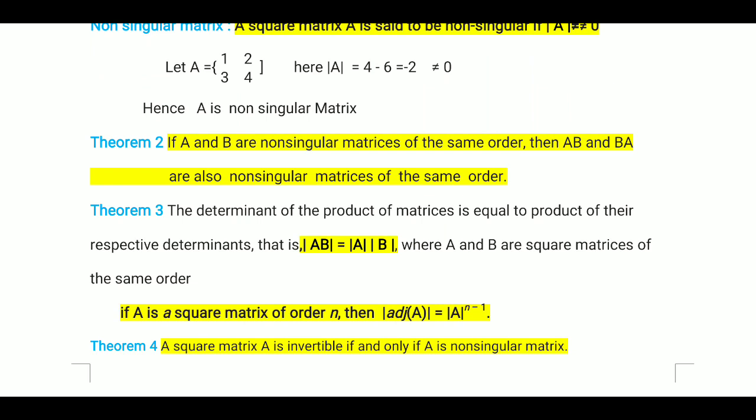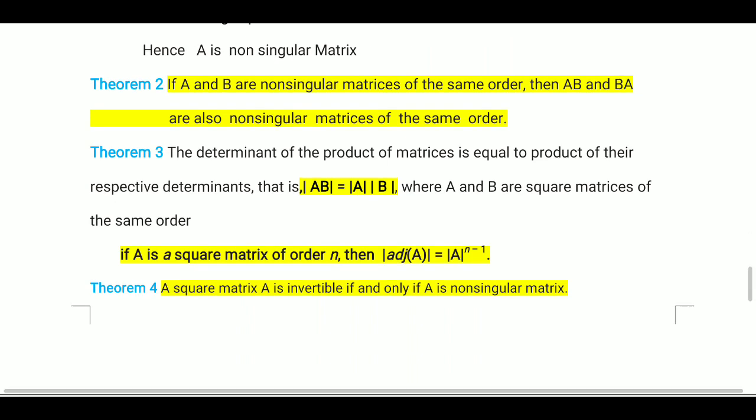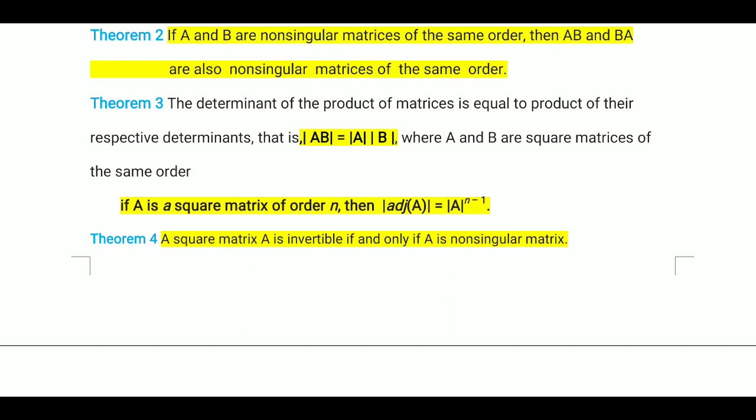And the next theorem is, determinant of AB is equal to determinant A into determinant B. Now another important theorem, if A is a square matrix of order n, then determinant adjoint A is equal to determinant A power n minus 1. This is a very important theorem.